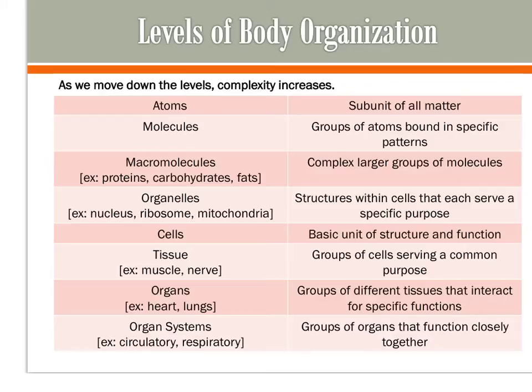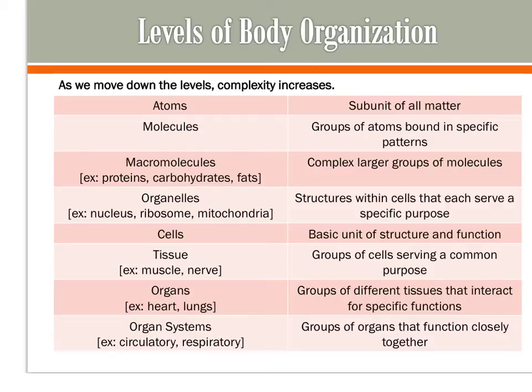So atoms are the simplest subunit of all living things, actually of all anything, all matter in general. And we use atoms to form molecules. Molecules form large structures called macromolecules. Macromolecules, things like fats, proteins, carbohydrates, are put together in a variety of ways to make little tiny structures in every single cell called organelles.